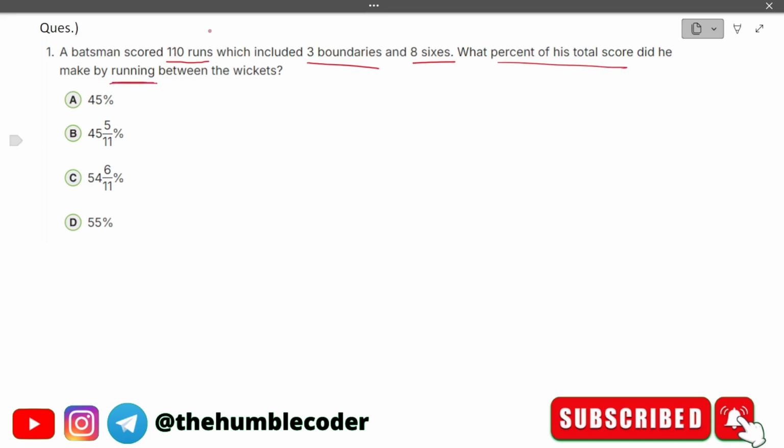So out of this 110, we need to remove the runs which were made without running. Number of runs made by running will be the total runs, which is 110, minus the runs made by these two things.